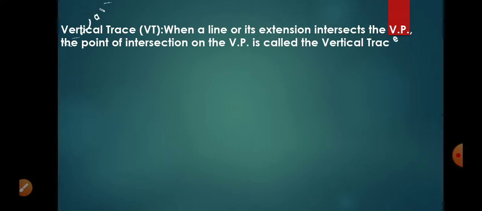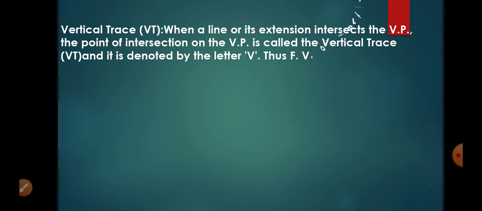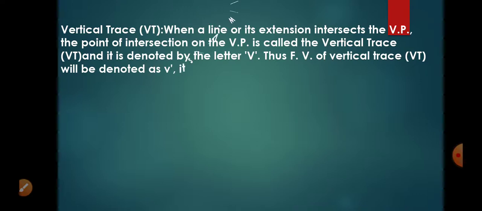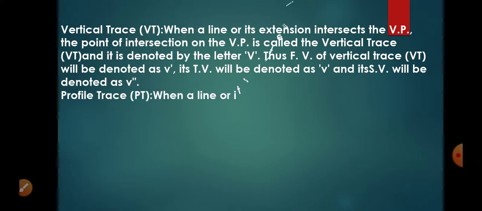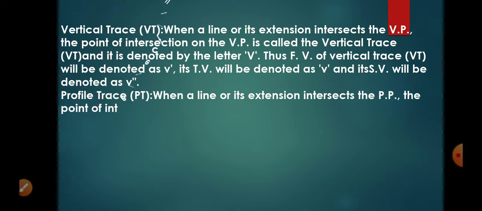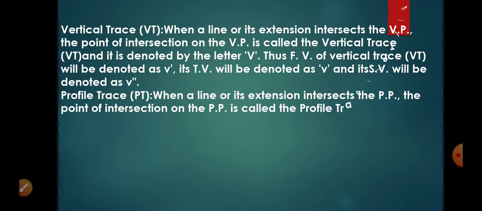By the book definition, when a line or its extension intersects the VP, the point of intersection on the VP is called the vertical trace, denoted by the letter V. The front view of the vertical trace is denoted as v dash, its top view as v, and its side view as v double dash.